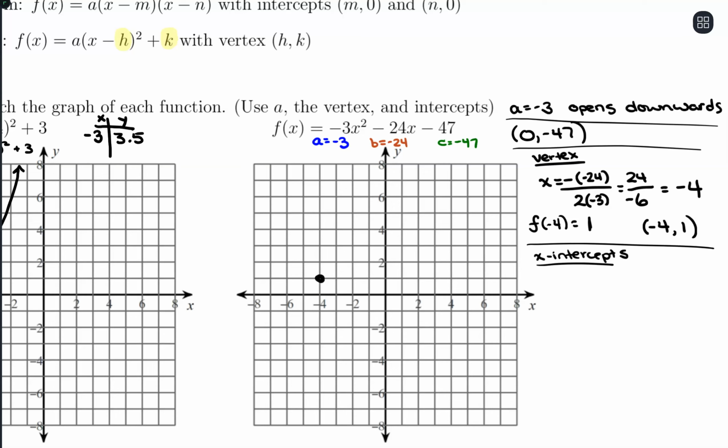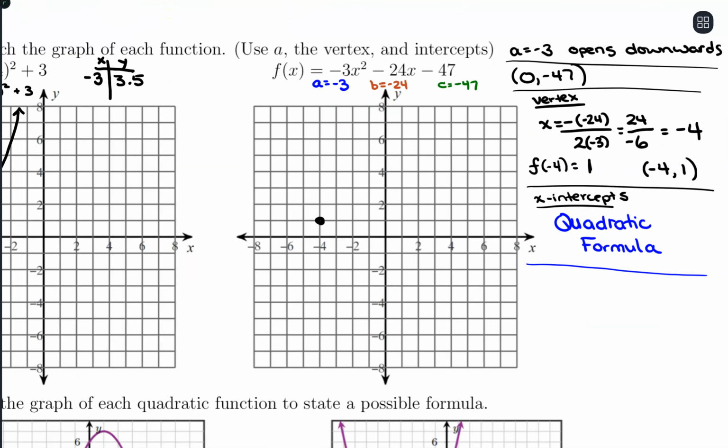In one of the next videos, we're going to talk about the quadratic formula, so I'm going to make a note to myself here. Let's return to this problem and use the quadratic formula to find those x-intercepts. We'll do that later. For now, let's say we tried to factor it and couldn't. We know we're opening downwards, so there are some solutions there.